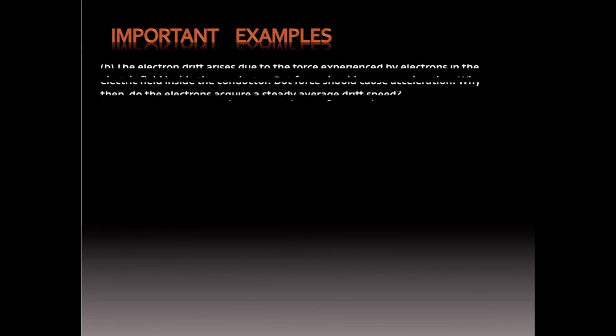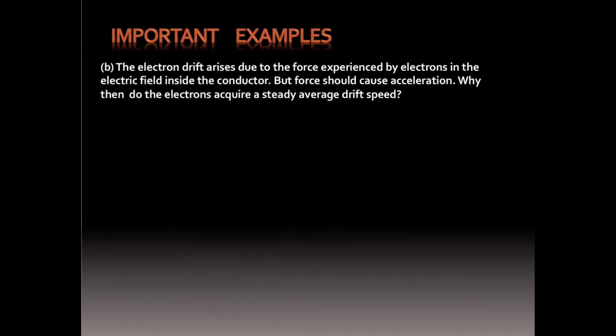Now part B: if electrons experience force inside the conductor, why does the speed not increase? Because we know in class 11th v is equal to u plus at. If acceleration is there, it means v will increase after every second, but in our case drift speed remains constant.